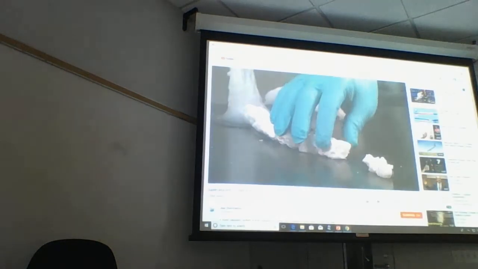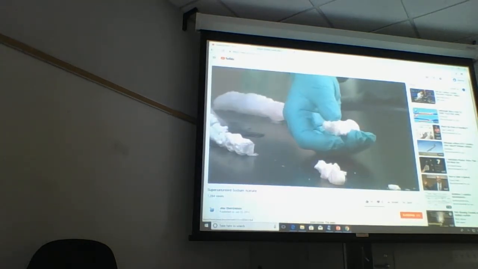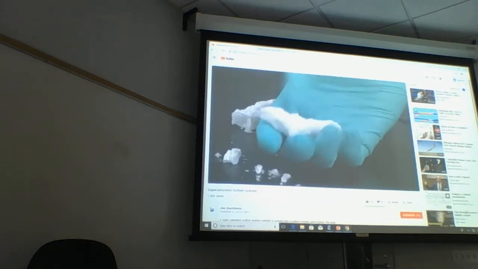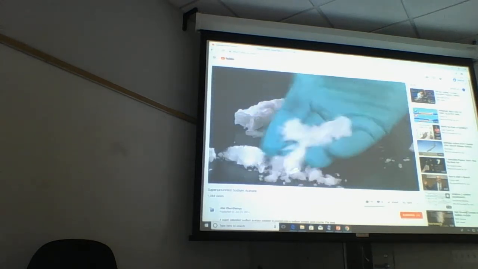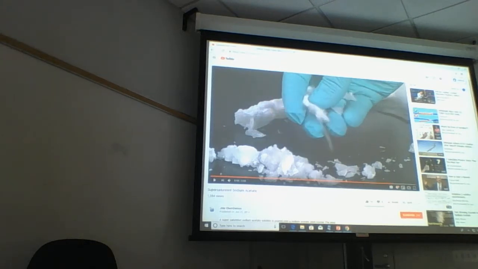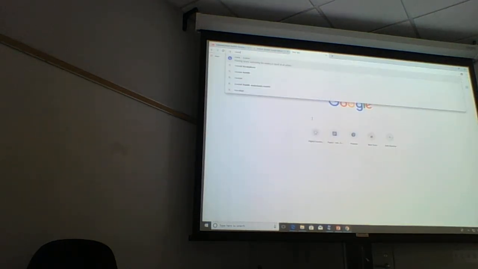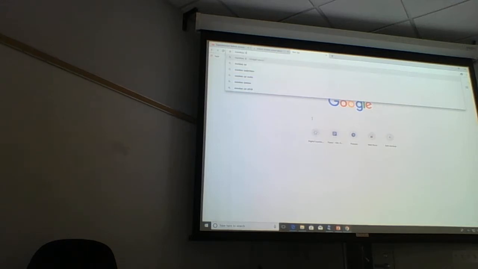Is that a solid? It's a solid, yeah. A solid sodium acetate. This water just got incorporated into the crystal. That's other examples of supersaturated solution. The other example is you see Mentos and Diet Coke.